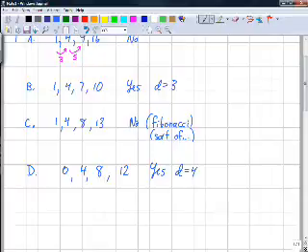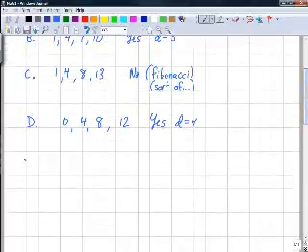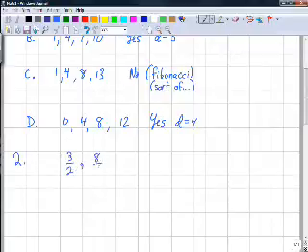Well, they're all Fibonacci numbers, but actually it's not the full series, now that I look at it again. Zero, 4, 8, 12. Yep. Common difference is 4 there. Okay.